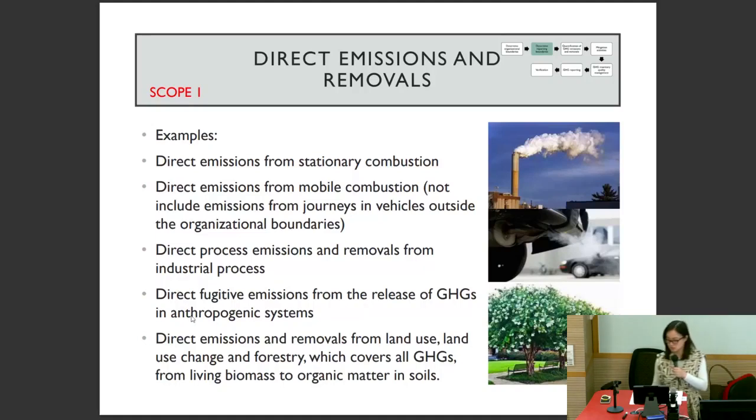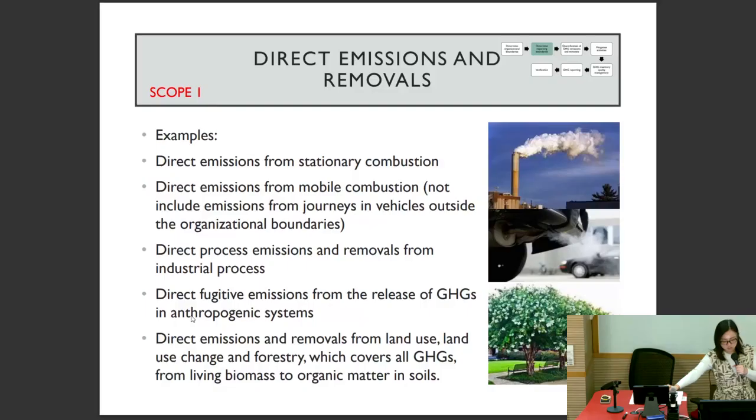Under scope 1. Another example would be the landfill. Maybe your organization owns a landfill, and in the landfill, when the organic waste decomposes, it will release methane. Then these emissions of methane would also be direct emissions because you own that landfill, which is within your organizational boundary.